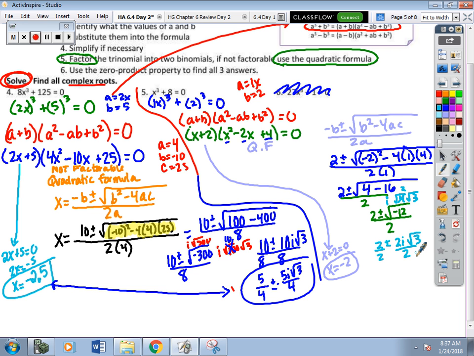If you want, break it up into each of them divided by 2. And so your final answer should be 1 plus or minus i square root of 3.